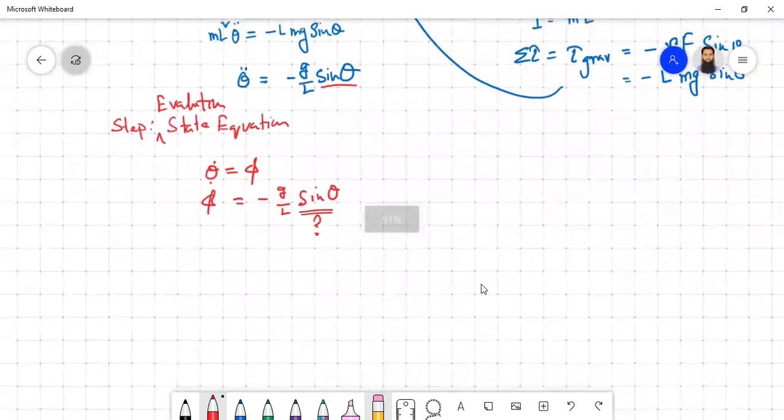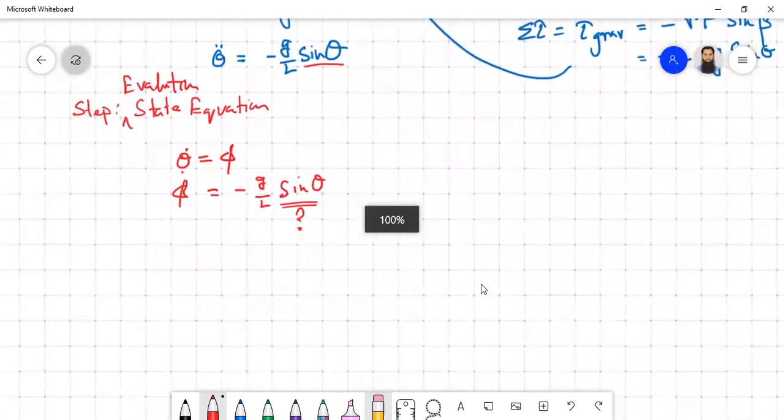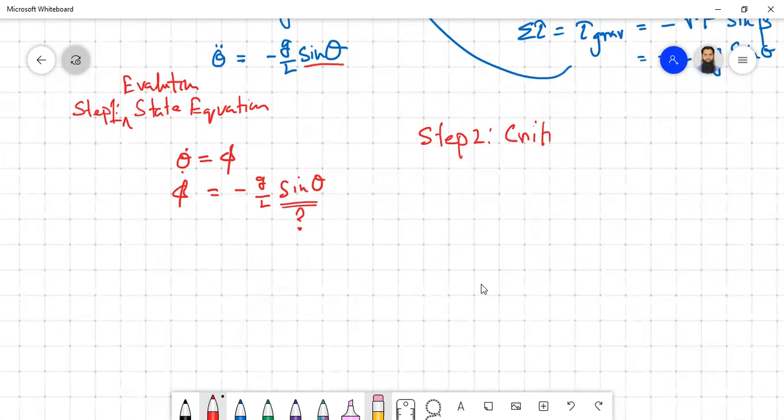Okay, so let's try to figure out the equilibrium points first, then we'll go for the matrix. So that was step 1. Now step 2 is basically finding the equilibrium points, sometimes called critical points, or equilibrium points.